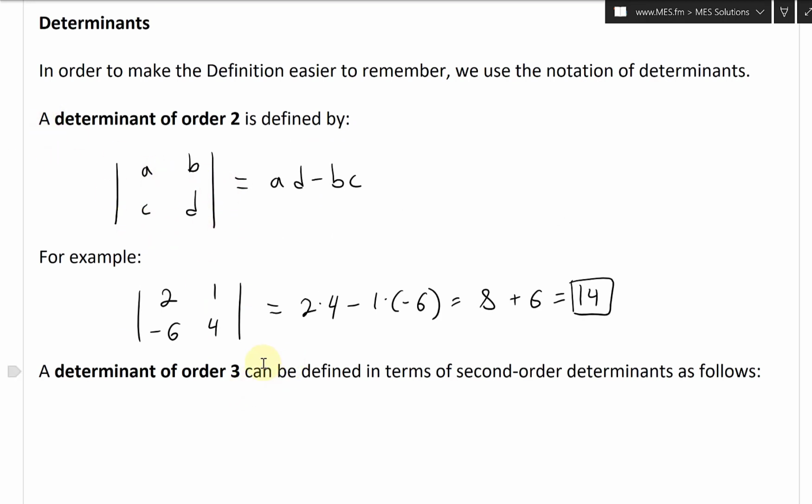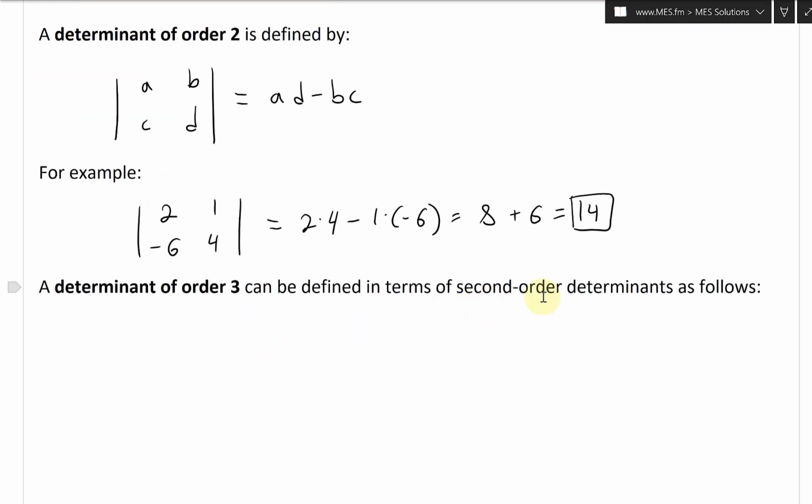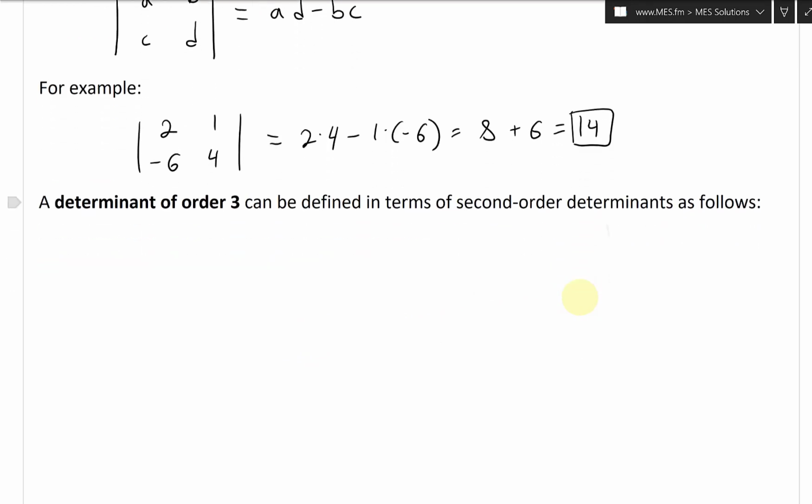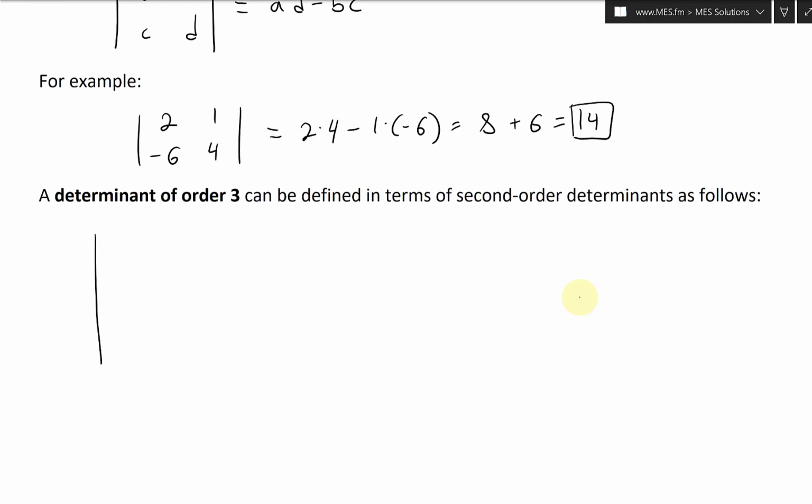Now look at 3 dimensions. This can be defined in terms of second order determinants as follows. The 3-dimensional one will be written as A1, A2, A3, the next row B1, B2, B3, the next row C1, C2, C3.